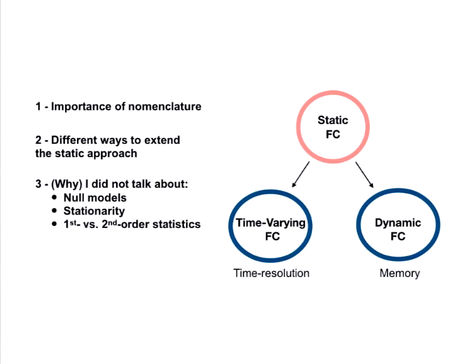People have been using second-order statistics most often to describe functional connectivity, but some people have also recently used first-order measures to explore functional connectivity properties. Again, it's important to realize this distinction, but the dichotomy between time-varying and dynamic applies whatever the statistics you use.